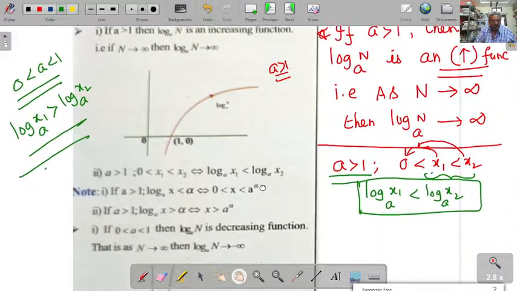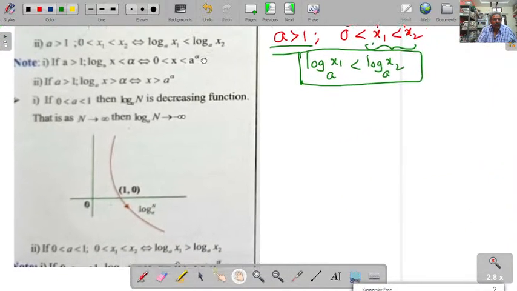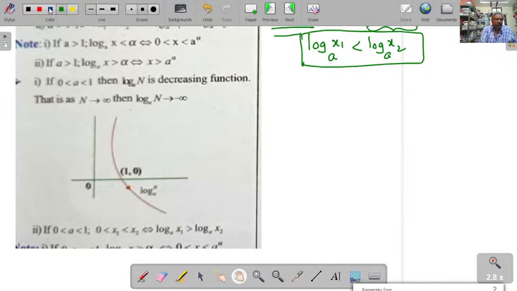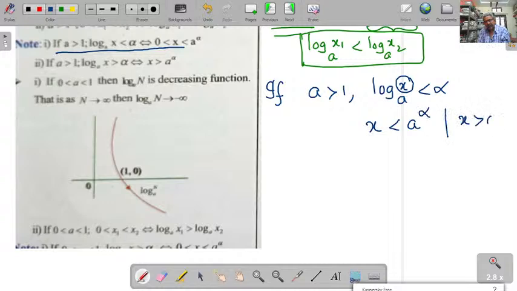And one more thing, this is very, very important. Suppose a greater than 1 and log x to the base a is less than alpha, then what is the value of x? Whenever a greater than 1, x is less than a to the power of alpha, and also x must be positive, that means x greater than 0.